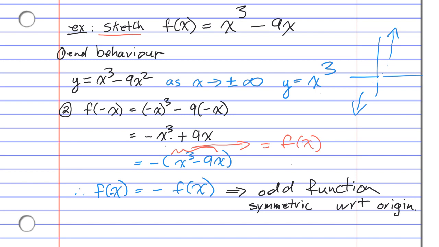So what it means to be symmetric is if there's a shape around this side of my graph, then I'm going to have a mirror on this side of my graph. That's all it means. That's all.